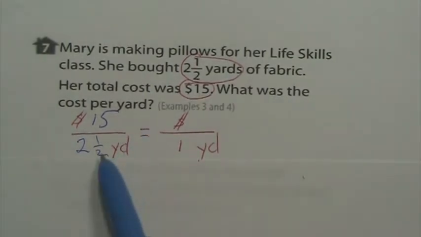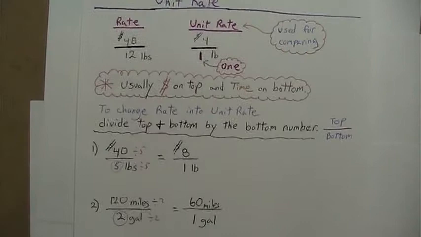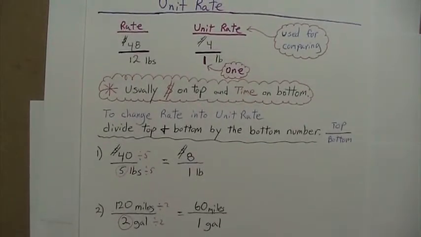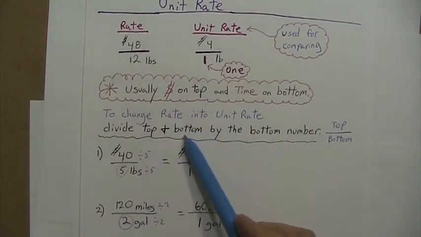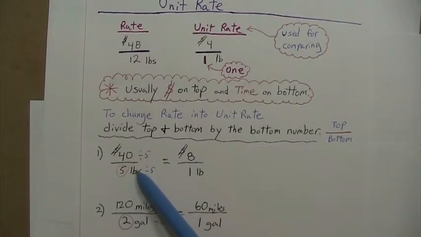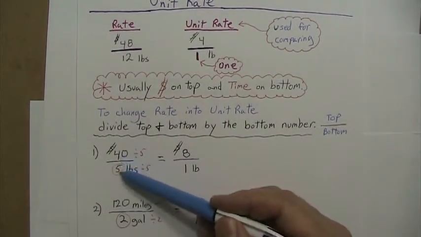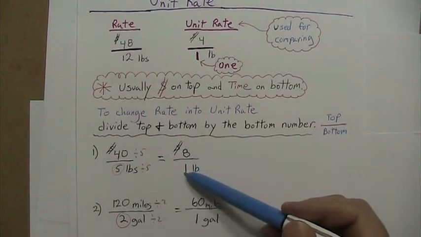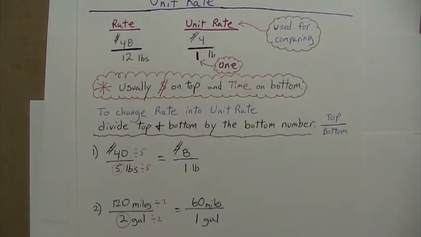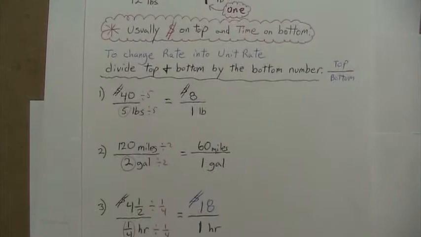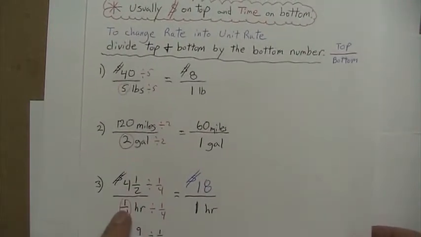So this is basically a unit rate problem. And if we look back on our notes on unit rate, if you remember, all you have to do is divide the top and bottom by the bottom number, or basically just take the top divided by the bottom. That's it. The top divided by the bottom will give you your answer. That's all we did, is take the top divided by the bottom.